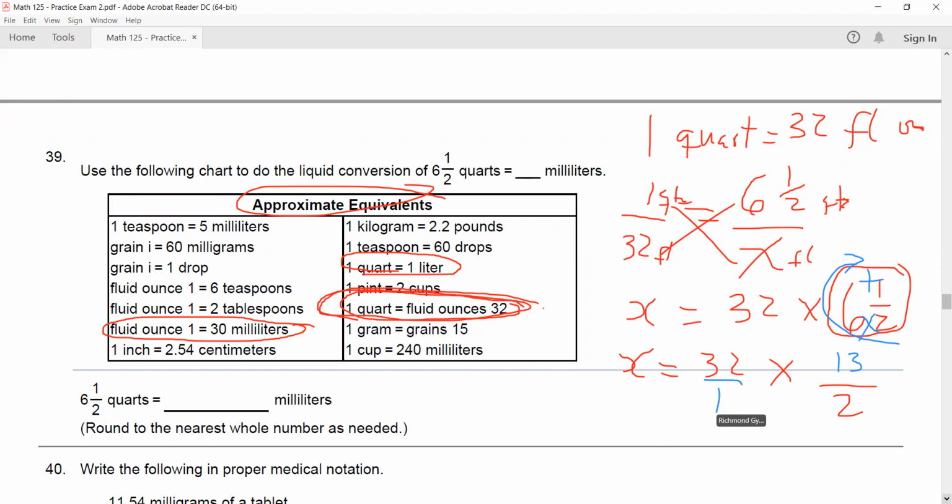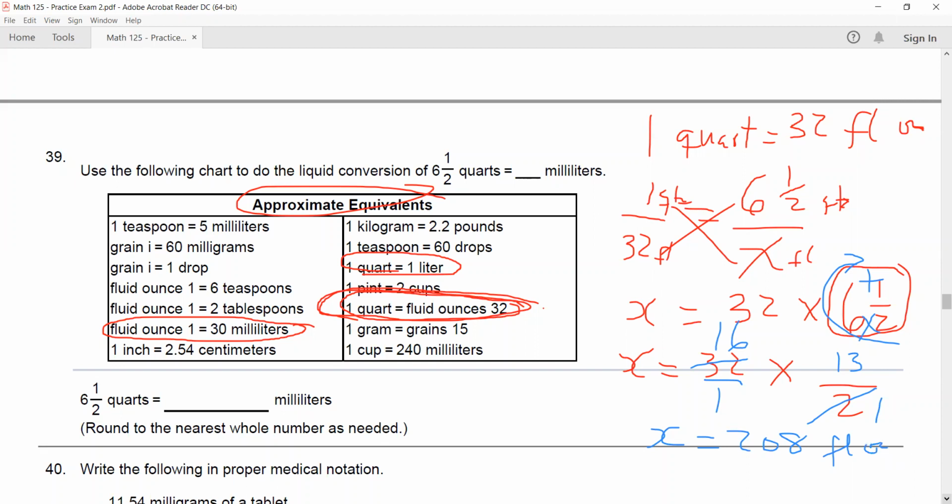Any whole number is over 1. So with this, I could either just multiply and then simplify in the end, or I could simplify right now. 2 goes into itself 1 time, 2 goes into 32 16 times. So I'm going to have 16 times 13, which is 208, divided by 1, which is the same thing. So it means that I have 208 fluid ounce.